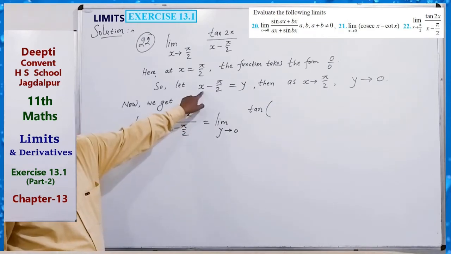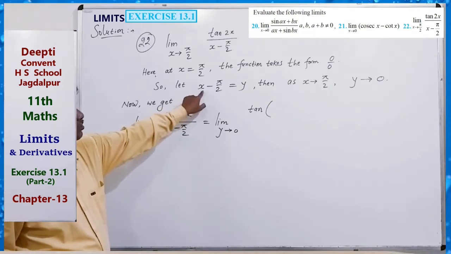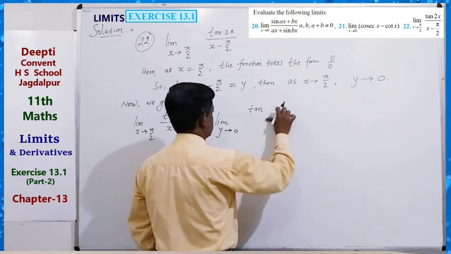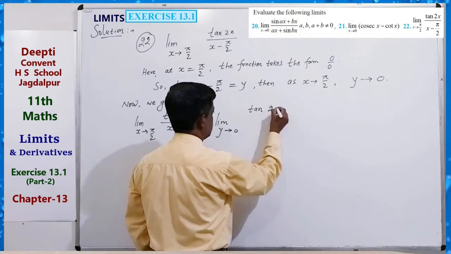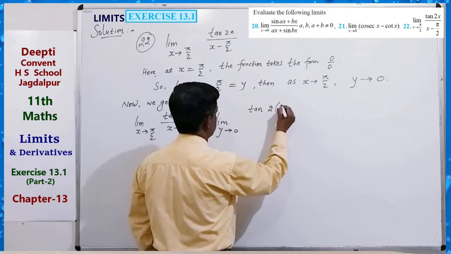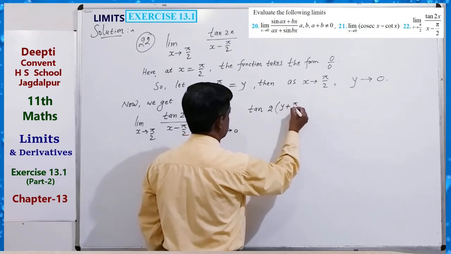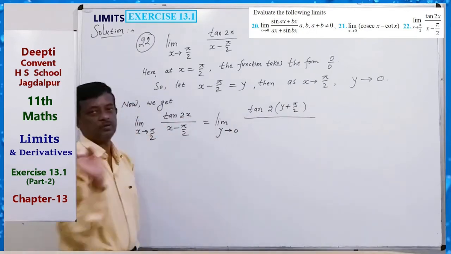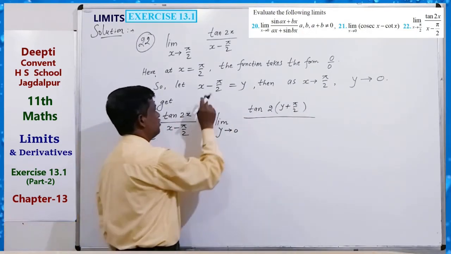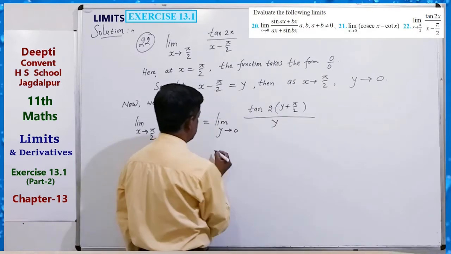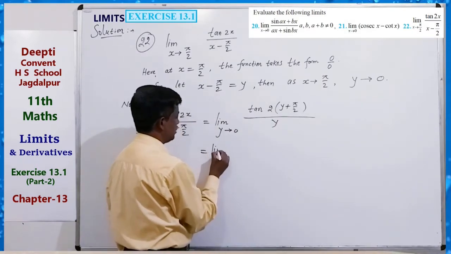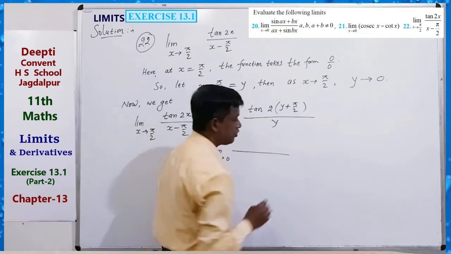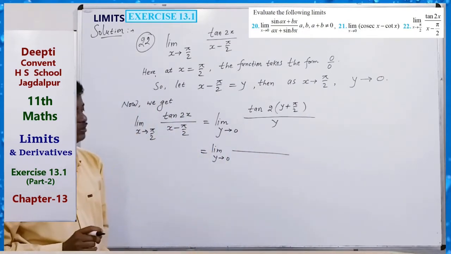Here x equals y plus pi by 2, so we can write tan of y plus pi by 2 in place of x, just put the value, and x minus pi by 2 is y. So it can be written y tending to 0.